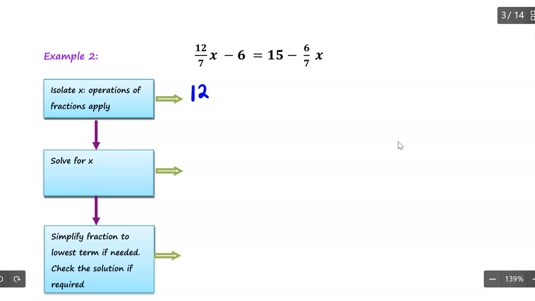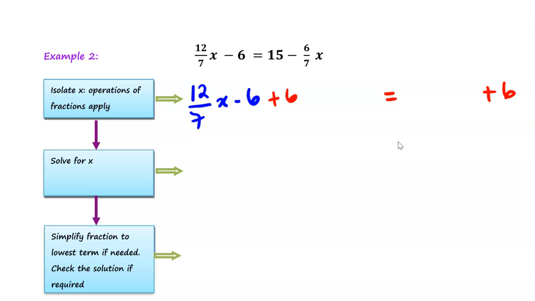So I will have 12 over 7x subtract 6, so I'm going to add 6. That means on this side, I also have to add 6. Then let me write 15 subtract 6 over 7x here.